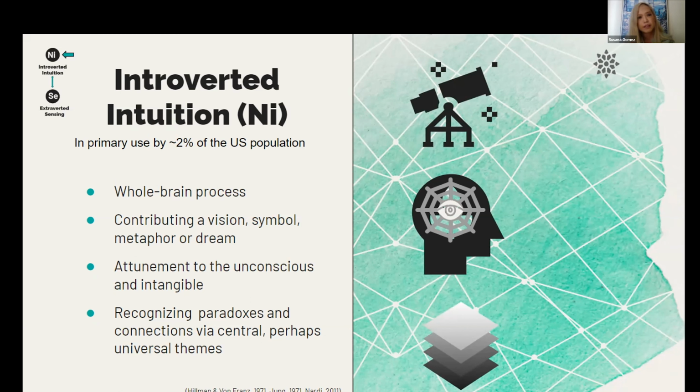Insights might come to us in aha moments or even in dreams, and we might express them in the form of an abstraction, a symbol, an image, or a metaphor. Introverted intuition lends itself to visual thinking. Introverted intuition is active when we look beneath the surface at what might be unconscious or intangible. It is active when we view things as multi-layered, paradoxical, and connected to central, perhaps universal themes.